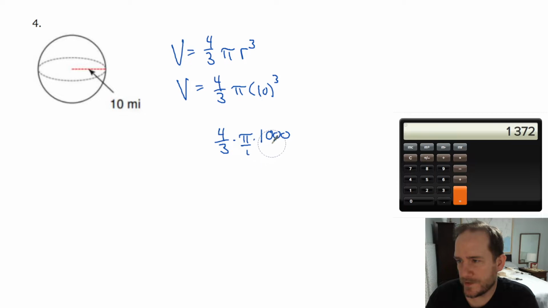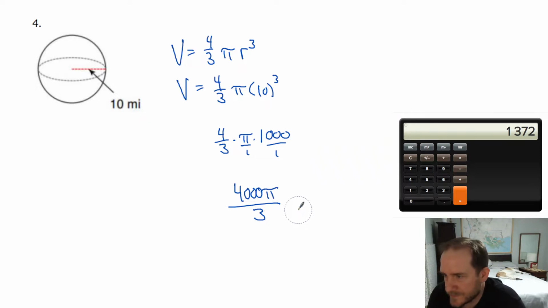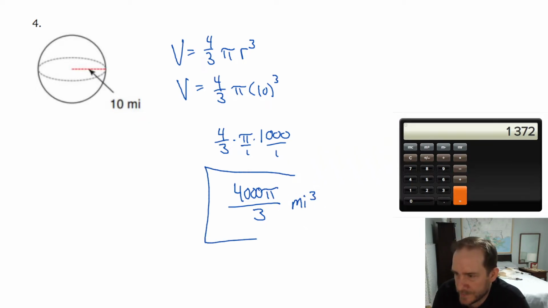So over 1, this is just going to be 4,000 pi over 3. And no, you can't divide 4,000 by 3, so you'll just leave this as cubic miles. And that's our answer there.